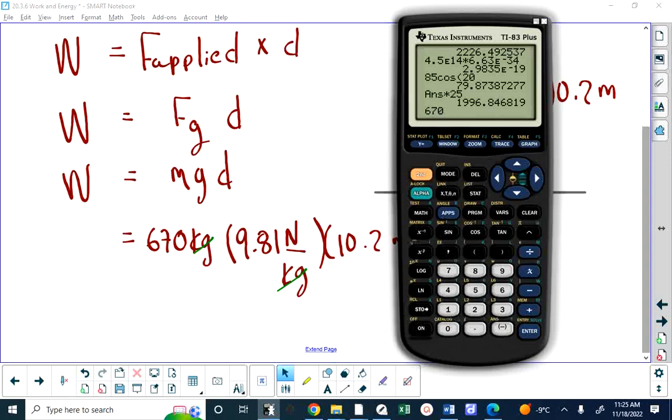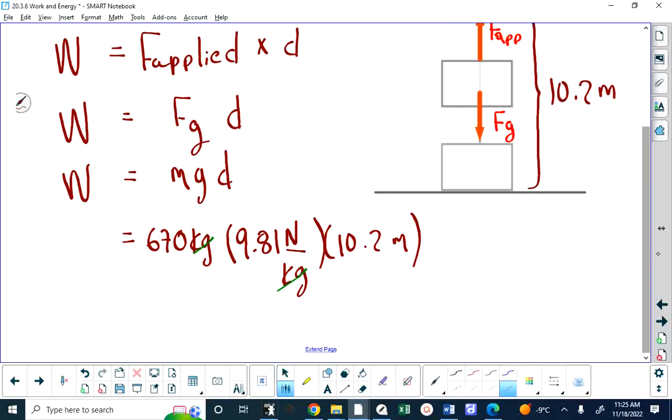670 times 9.81 times 10.2 is 67,042 joules. Does anybody else get that number? 67,042 joules. What does this mean?